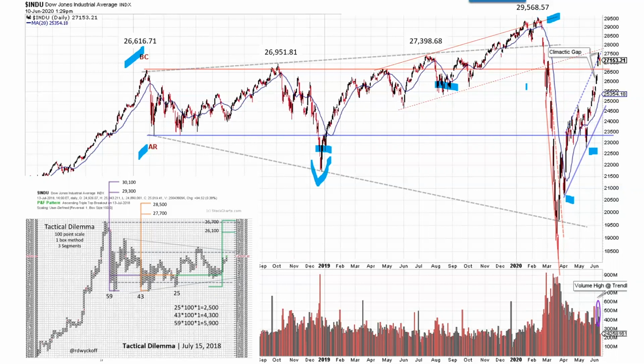So we had like 3 point and figure counts that all pointed to that 29,500 area. And then we had Hank's big 30,000 count that was off the 2015, 2016 lows or a reaccumulation structure. And so all roads are leading to this 29,500, 30,000 area where this big decline occurs.